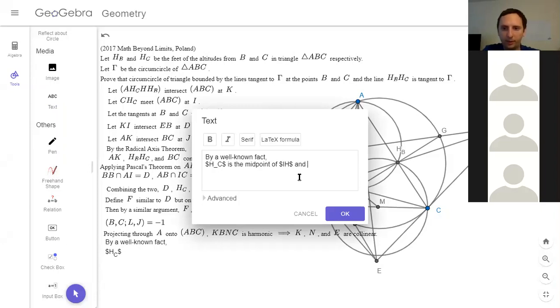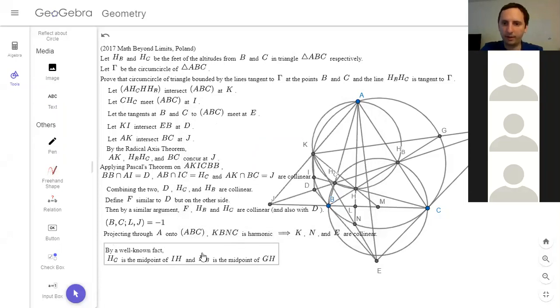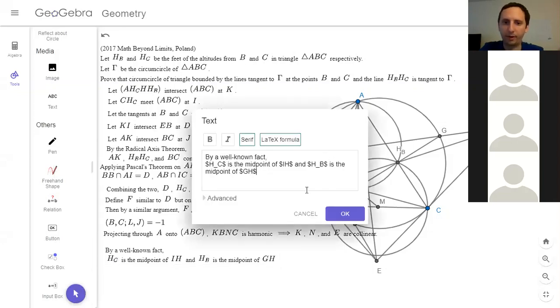And HB is the midpoint of GH. And that means that HCHB, I'll just say that implies DF is parallel to IG.